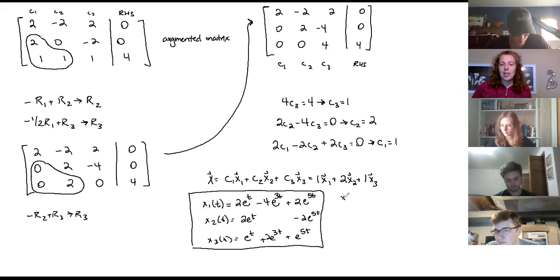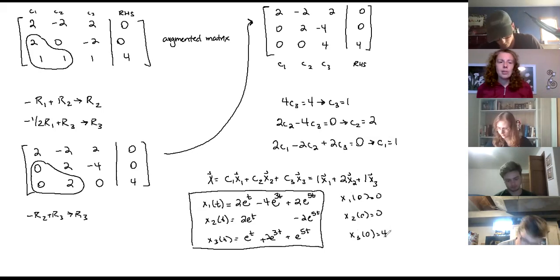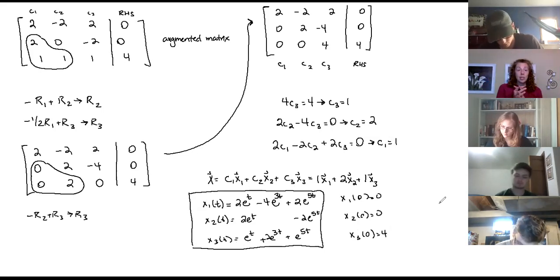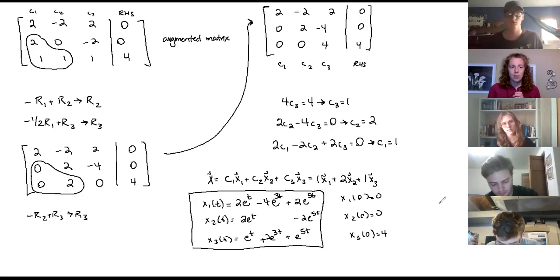Remember your initial conditions: x1 of 0 equals 0, x2 of 0 equals 0, x3 of 0 equals 4. You should be able to do some really quick mental math and make sure that all of those work out.